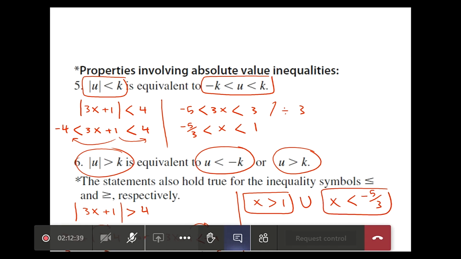So we have from 1 to infinity union from minus infinity to minus 5 over 3, like this.